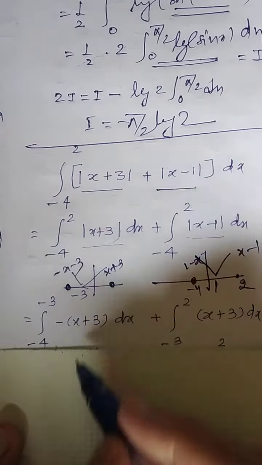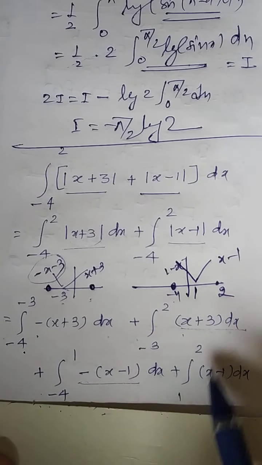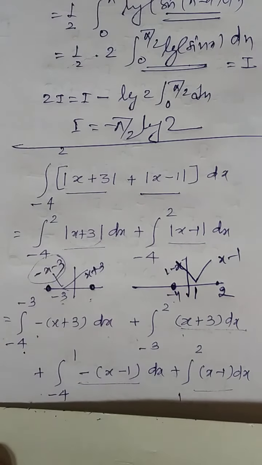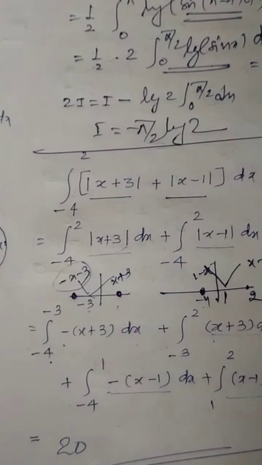Plus minus 4 to 1, it will be 1 minus x, or negative of this, and from 1 to 2 it will be x plus 1. And you know how to simplify this type of question. Simplify and make sure that the answer is coming 20. So this is a way to understand why that property is and what is the proof of that property.